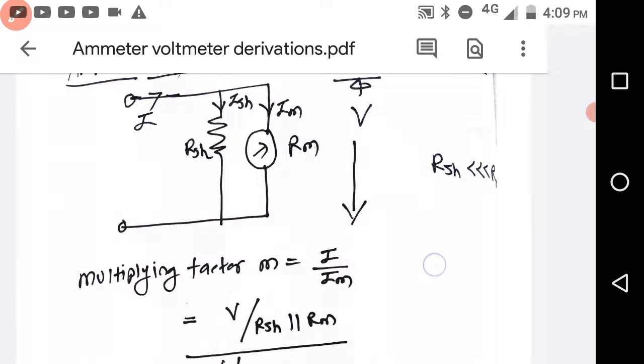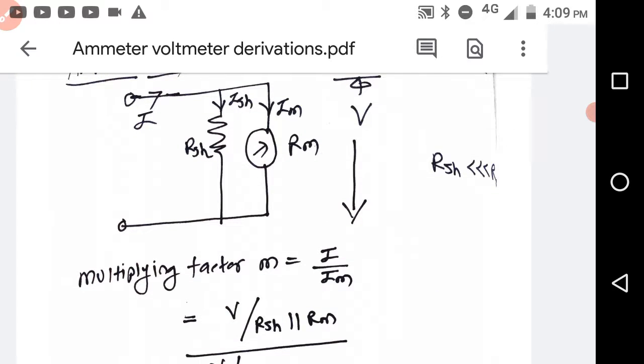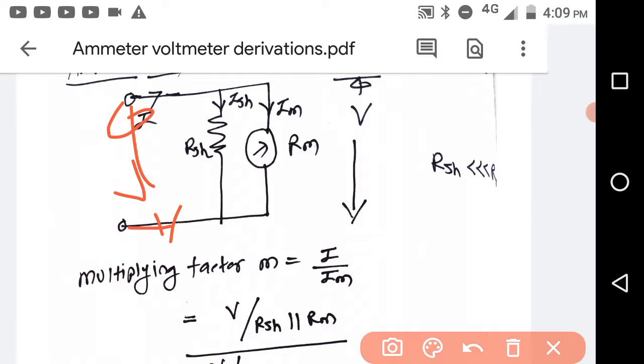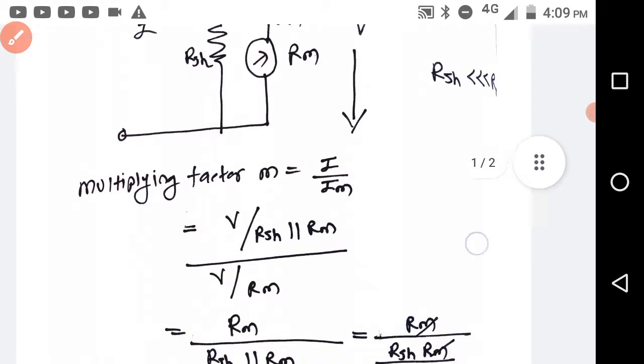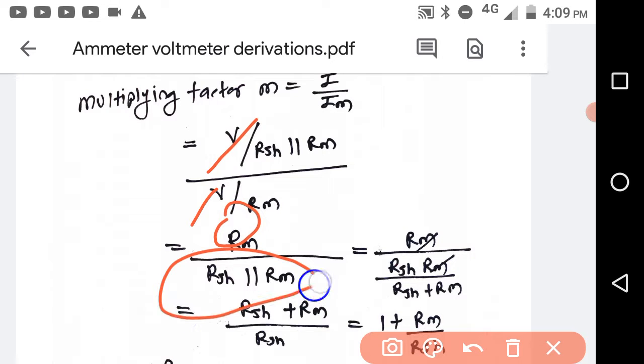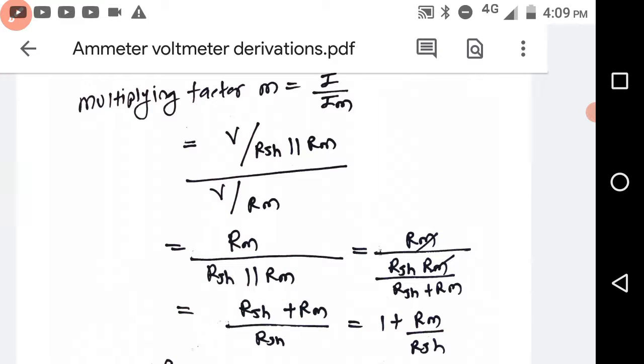So here you can observe that current I is V divided by RSH in parallel with RM, and current IM is V divided by RM. Here V gets cancelled, so RM will go in the numerator, and RSH is in parallel with RM.